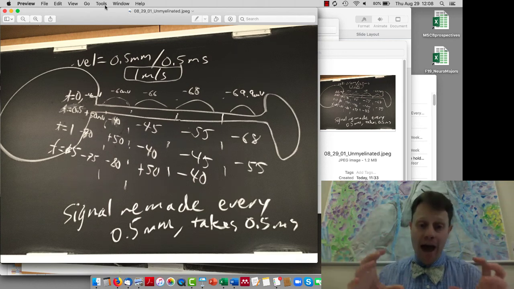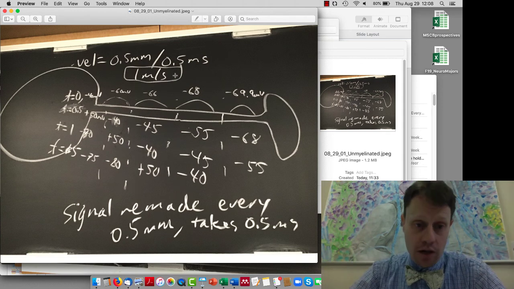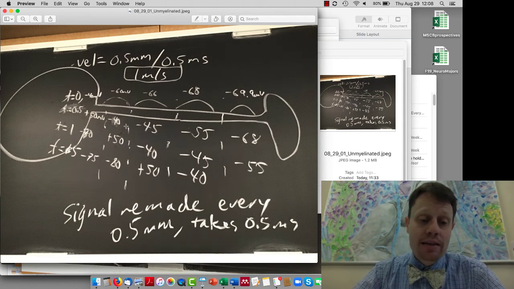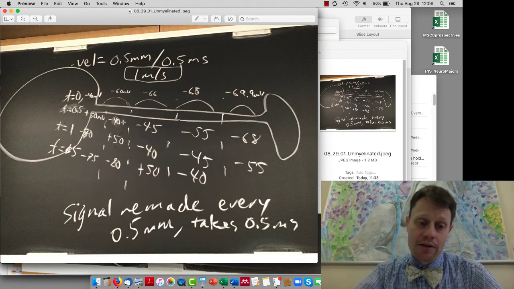In a bare axon without any insulation over it, the electrical signal just makes it a short distance before it's gotten too weak to get the next segment of the axon to reach its own threshold. So we talked about how the cell body reaches threshold, and then a half millisecond later the cell body's at the peak, and then the first segment of the axon reaches threshold.